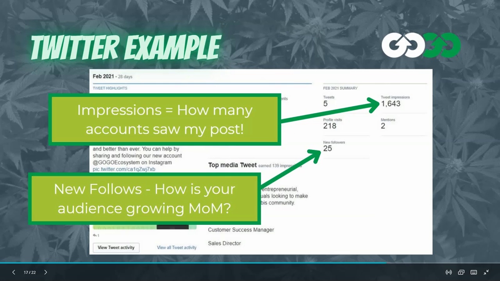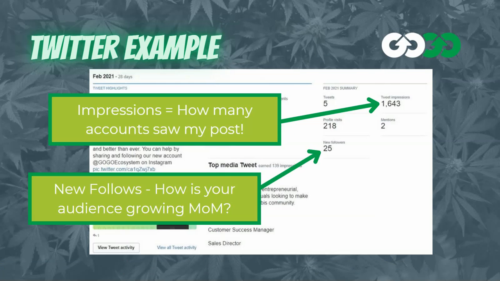So taking a look at an example of engagement analytics from the Twitter platform, we can start to see that data as it relates to individual post performance and overall engagement. Additionally, you can track your user follower growth as well as profile visits. Up on the slide, you'll see that I have impressions, which equals how many accounts saw your post.